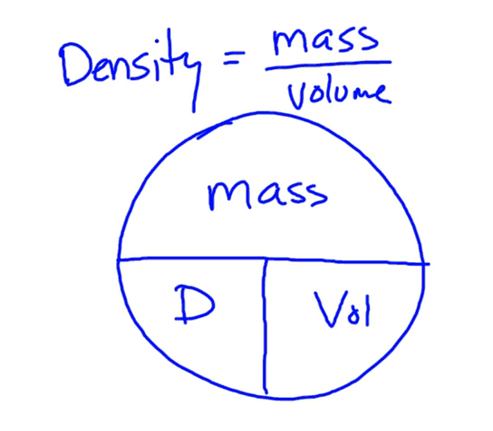All right, so how this is going to work is, it's going to be hard to see in the video because you guys can't see my hands, but what I'll do is I will cover up whichever variable I want to solve for. So for example, if I wanted to solve for density, I'll cover up density, and I'm left with mass.